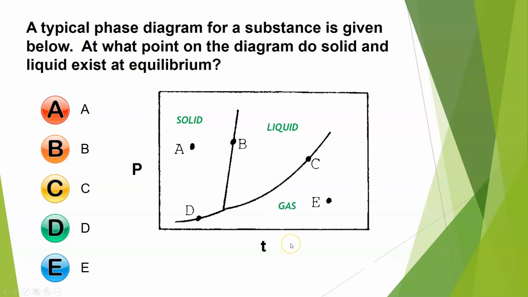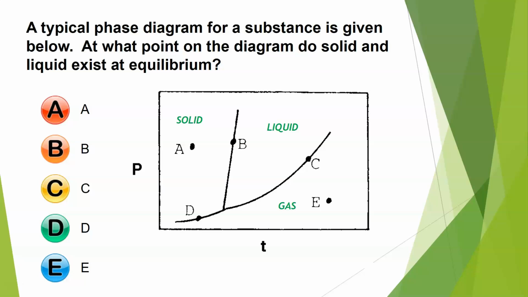This will be my gas. Now I'm going to answer the question. Just write an S, L, G, right? Just label it real fast. And I've noticed people have a much easier time with the questions when they can literally see the words on their paper. So I'm looking for the place at which a solid and a liquid can exist at equilibrium.